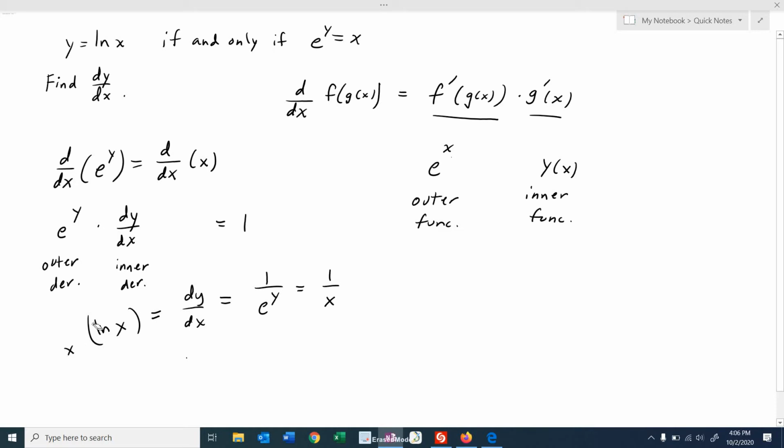Okay, so we're going to extend this a little further, and we're actually going to find the derivative of natural log of the absolute value of x. Let's talk about that.